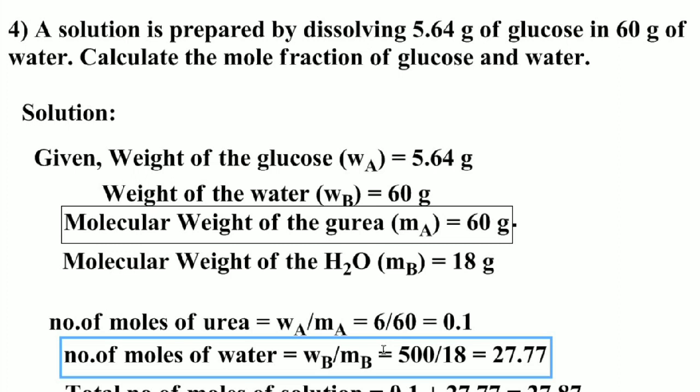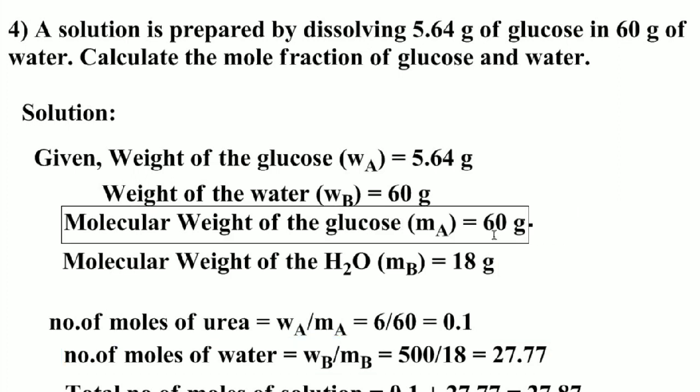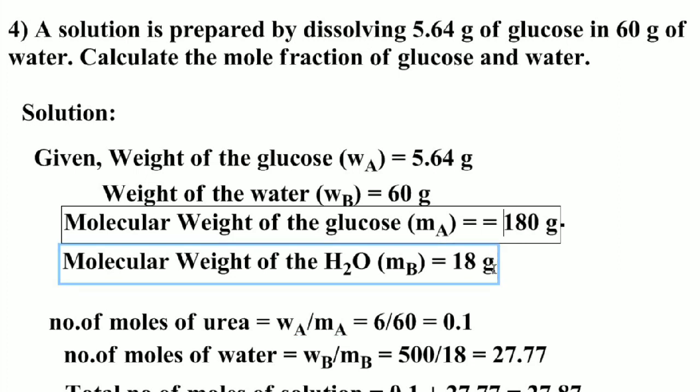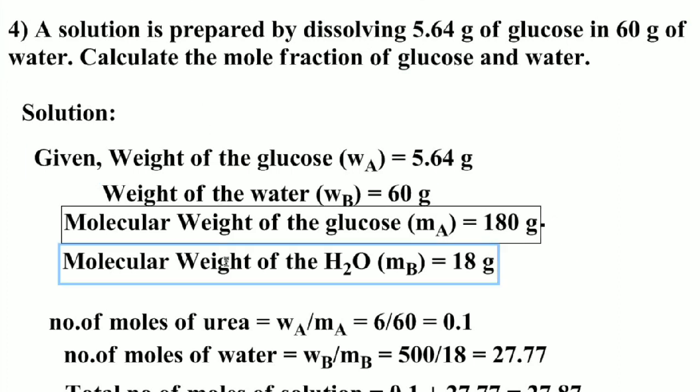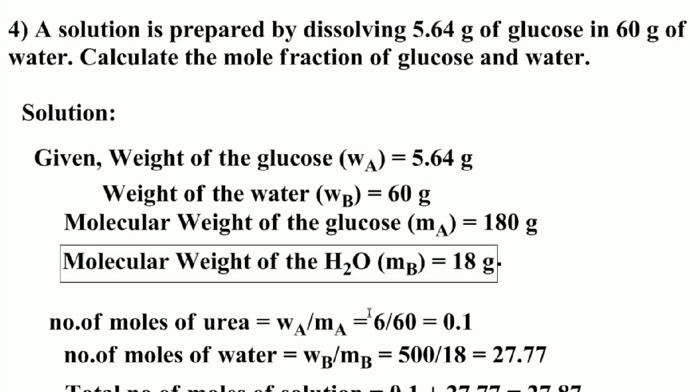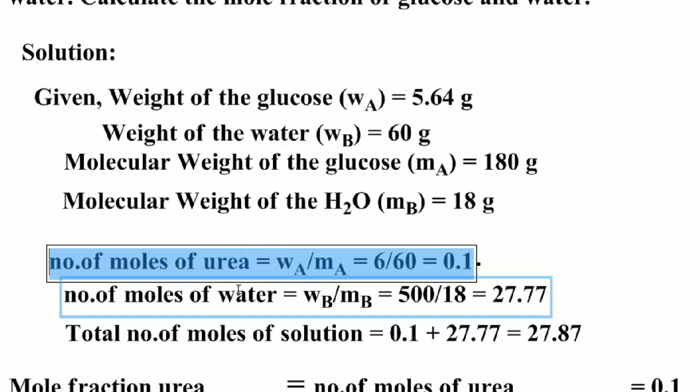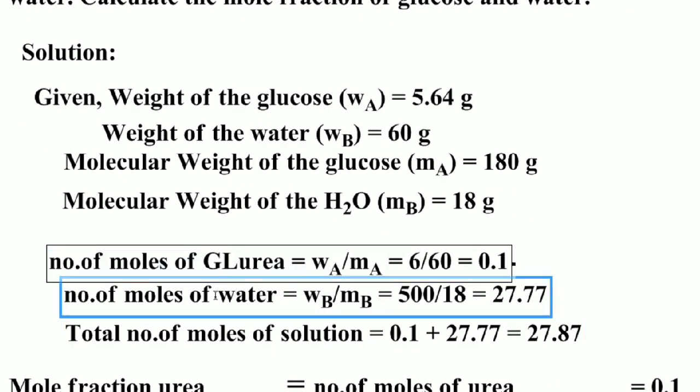Molecular weight of the glucose is 180 grams, because students, we know the molecular formula of glucose is C6H12O6. So its molecular mass is 180 grams and the molecular weight of water is 18 grams. Now we can calculate the number of moles of glucose.